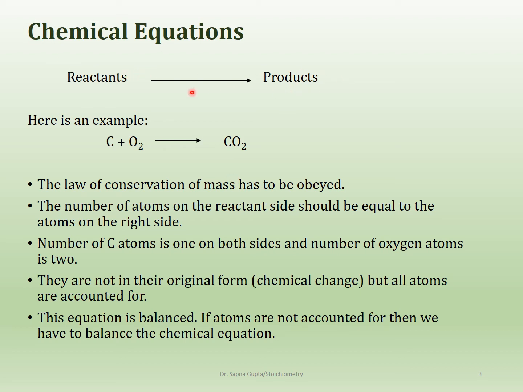So let's write a simple chemical equation and see what the different factors are that we need to look at. For example, carbon adding on oxygen to give carbon dioxide.